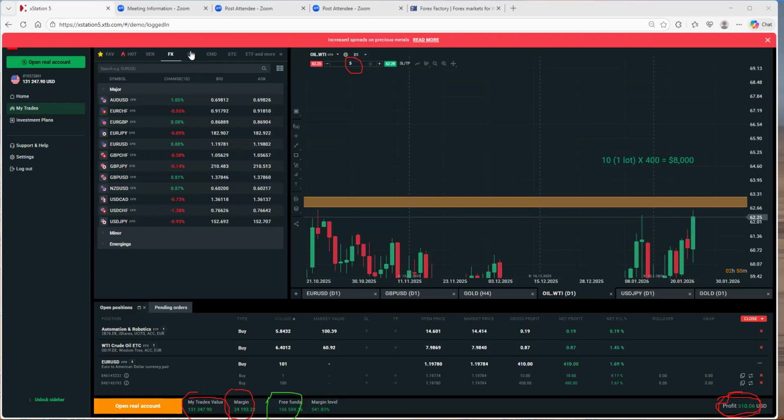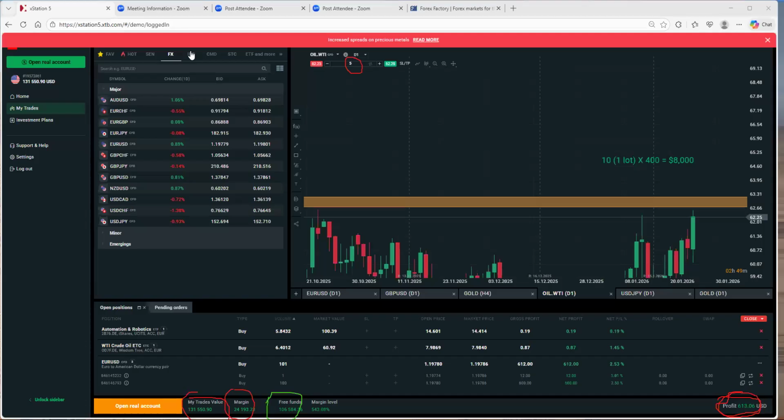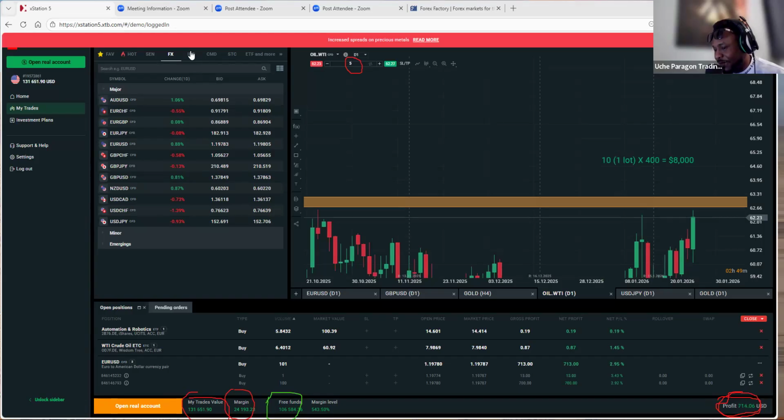So the margin plus free margin equals my balance? Yeah, the margin, perfect. You got it correctly. The margin and free margin is equal to your equity, not your balance. Balance is constant.